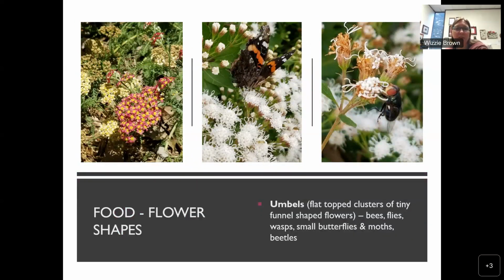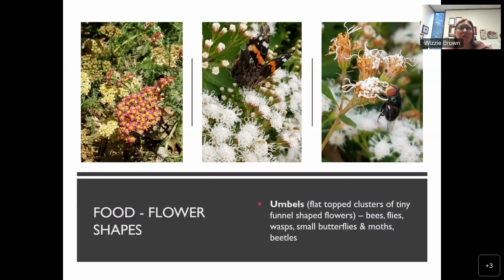For flower shapes, when we're talking about umbels, these are little clusters of tubular or funnel shaped flowers. And so this gives a larger area for an insect to rest on, but they're still going to need that kind of longer mouth part sometimes to get down into that flower.